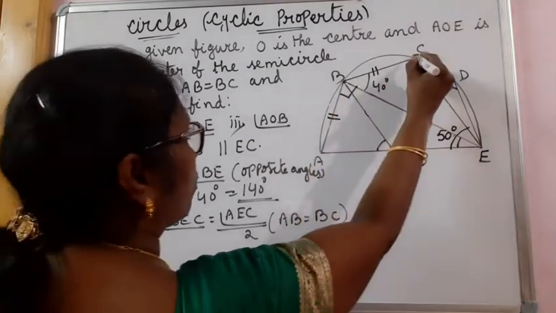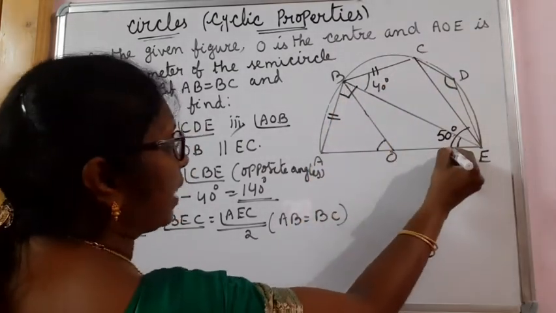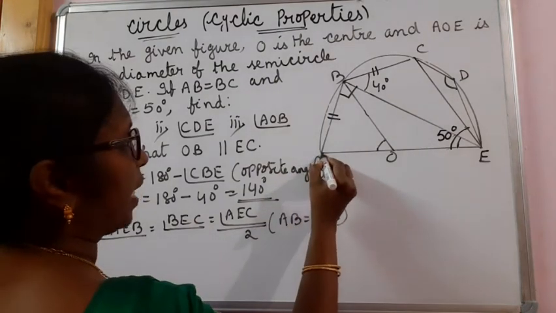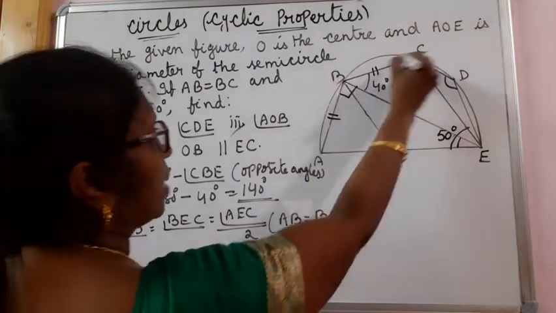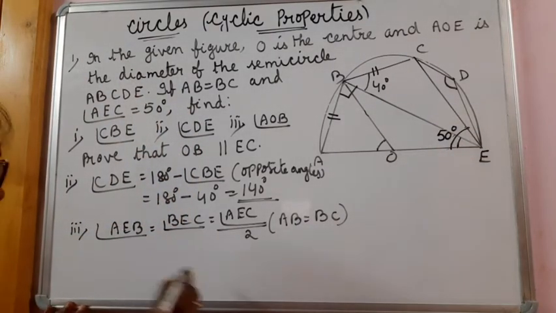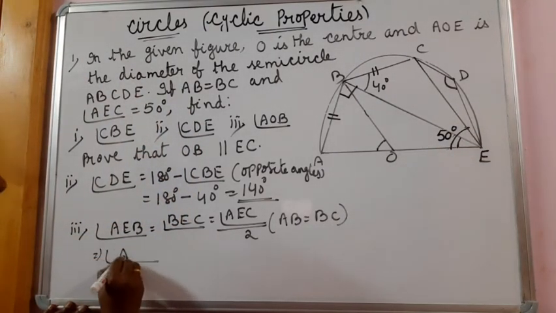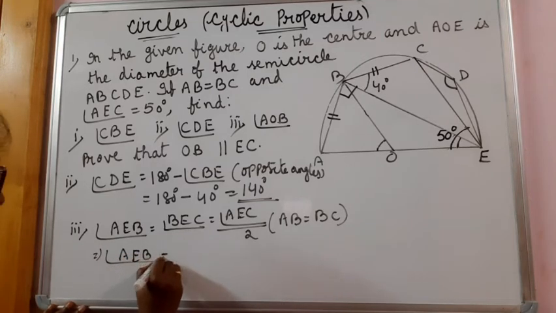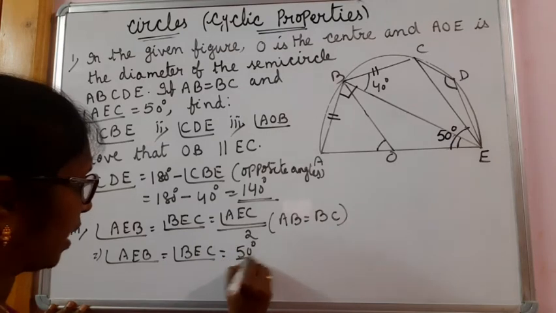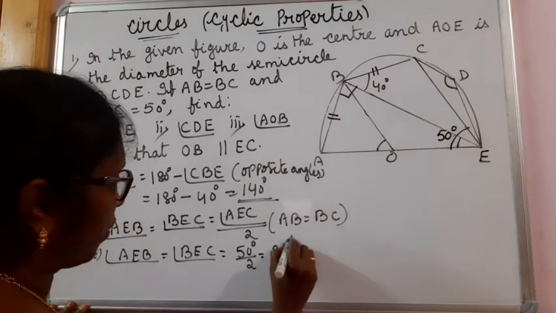As AB is equal to BC, this complete angle will be divided into two equal parts. So the angles subtended by arc AB and arc BC at the circumference will be equal. So angle AEB is equal to angle BEC, which is 50 degrees by 2, that is 25 degrees.